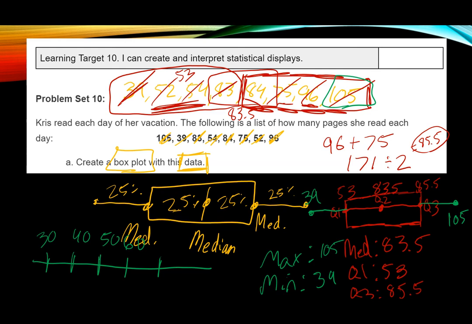And we match up our box plot with it. But just for now, we're going to go with what I have here. So again, this is your median of the whole data. This is your median between your median for the whole data and your lowest number. And then this is your median for the data between your median and your highest number.